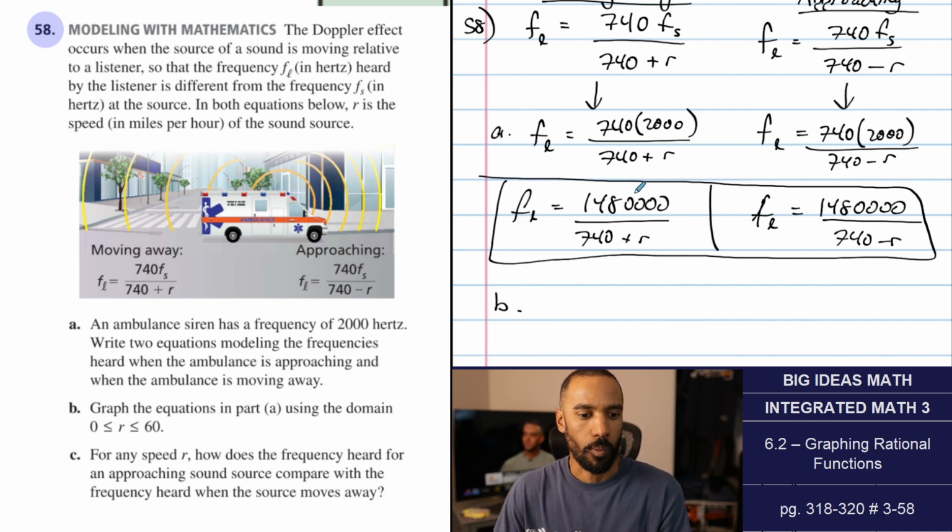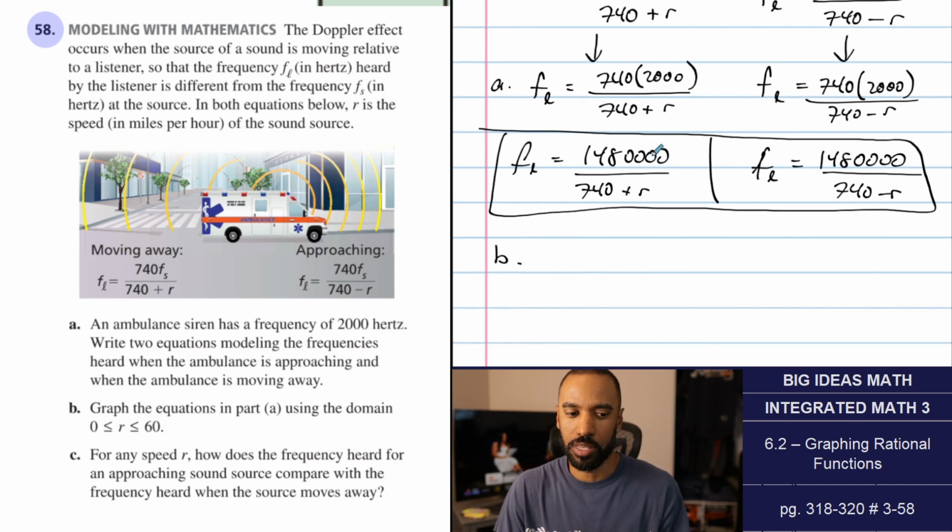Part B, graph the equations in part A using the domain from 0 to 60. So let's go. I've got to use X instead of R. All right, we're going to go from 0 to 60.